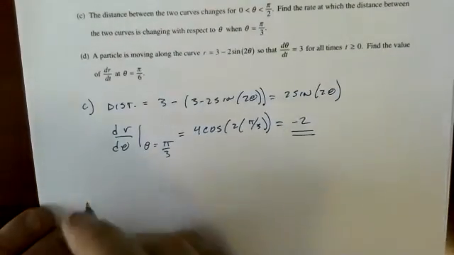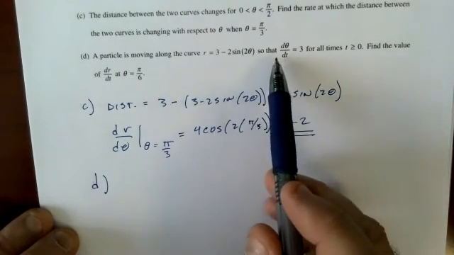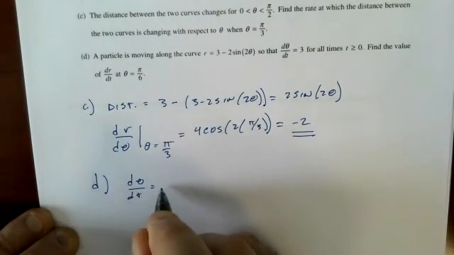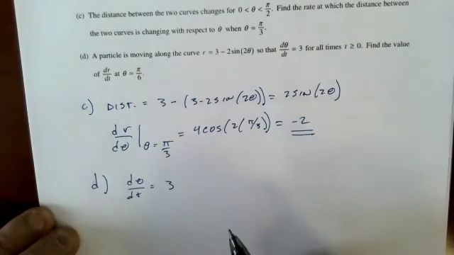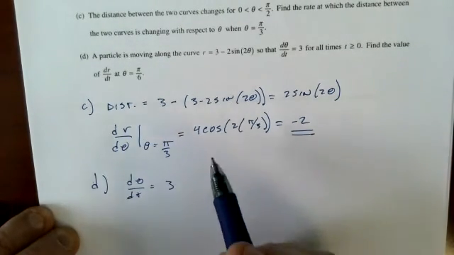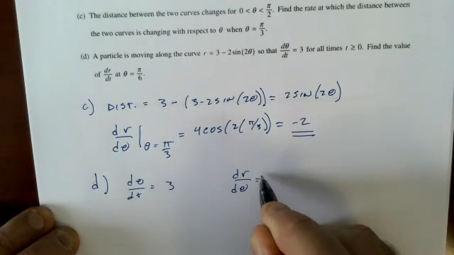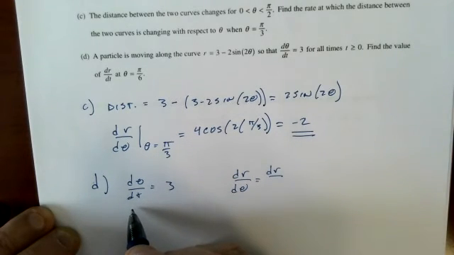Nice. All right. D. Particle moving along the curve, related rates problem. d theta dt equals 3 for all times. Find the value of dr dt at theta equals pi over 6. Back to the mistake I made before. I know that dr d theta equals dr, d theta dt.